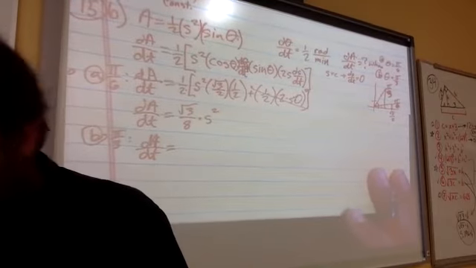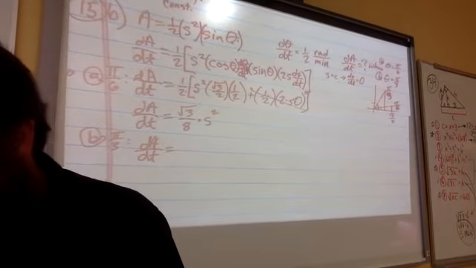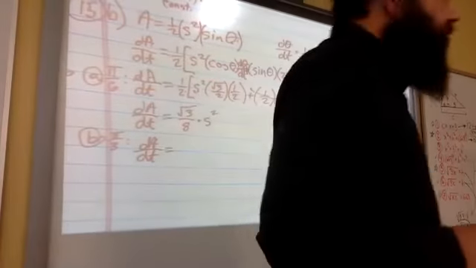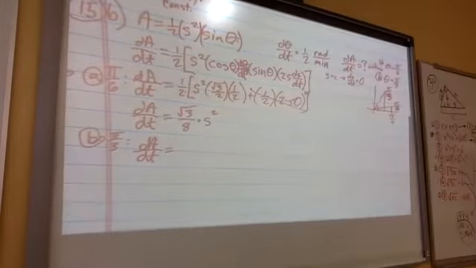Oh, I ran out of something. Okay, you do it. Give me an answer. Yeah, guys, give it an answer. I'll be back. I'm mad now. Okay, I remember pi over 6, but I don't remember pi over 3. That's what I thought.